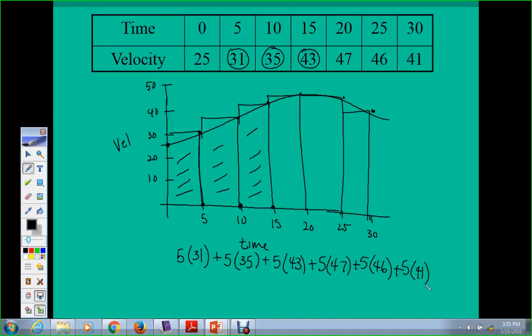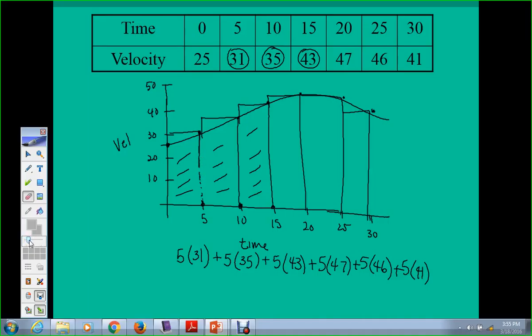Now we could do this same process, but we could use the left side of the rectangle. Let me see if I can erase this to use the left side of the rectangle.